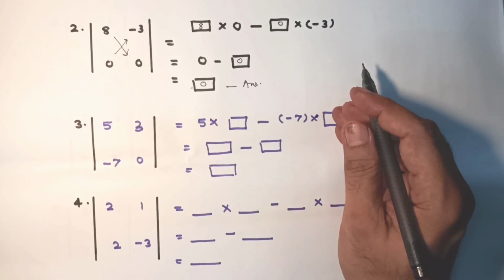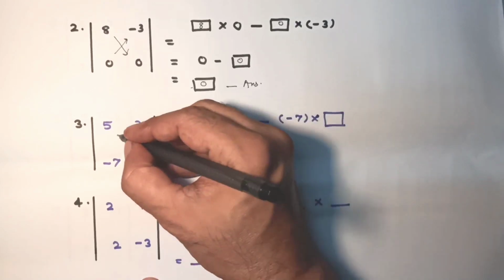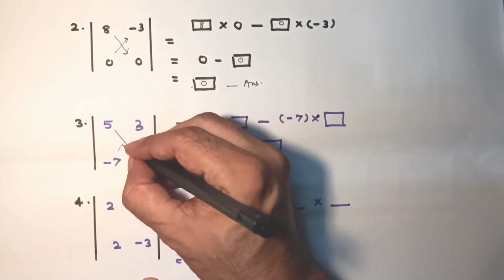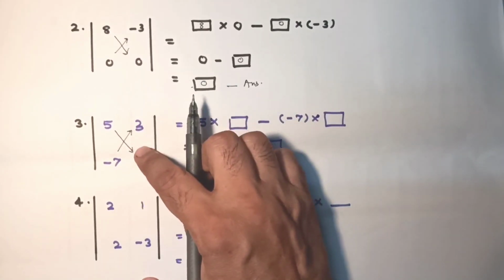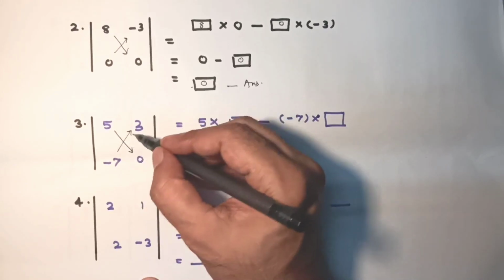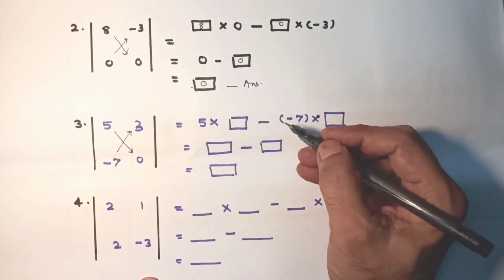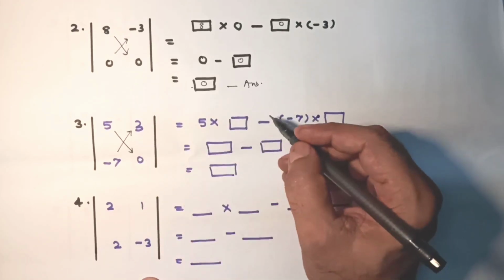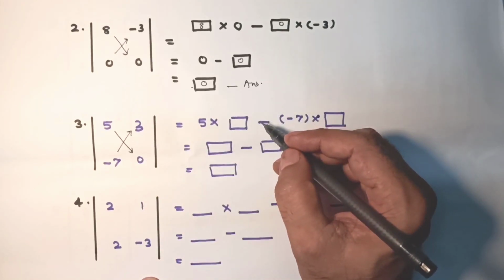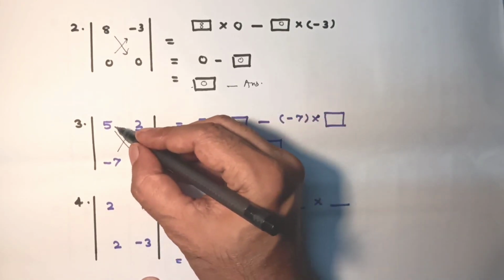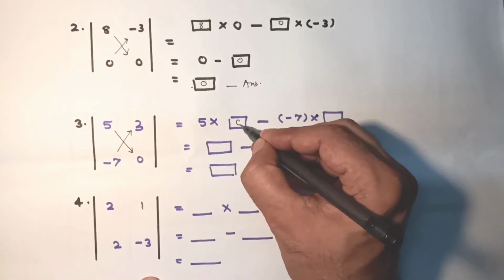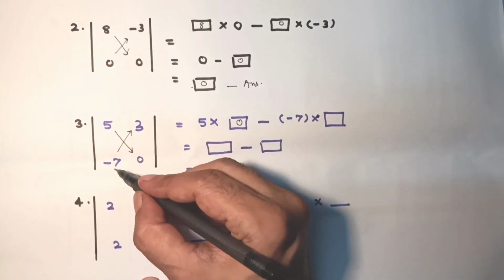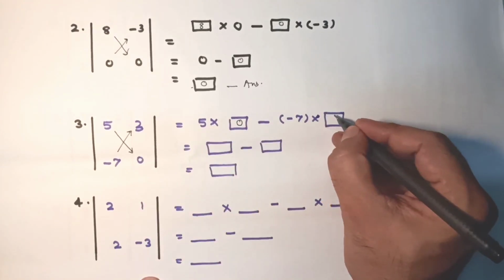Let's go to next question. 5, 3, minus 7 and 0. Again, as usual, you are not required to put this sign in the exam. Don't put this cross mark. Just to understand, I'm drawing here, but you are not required to do in the exam. 5 into 0 and then minus 7 into 3.